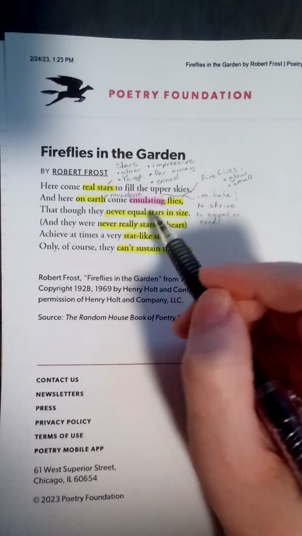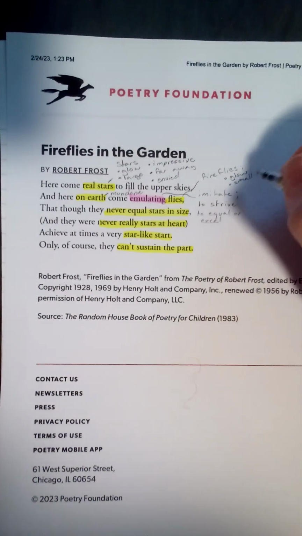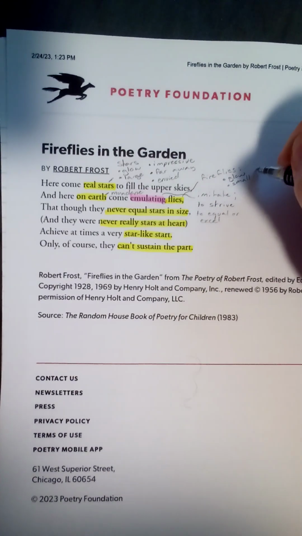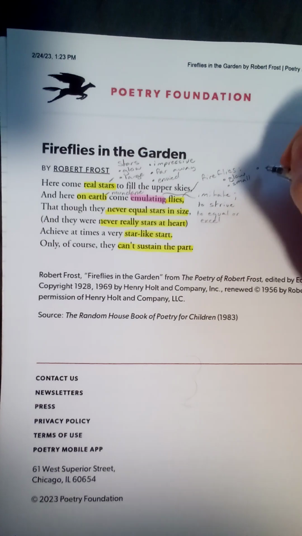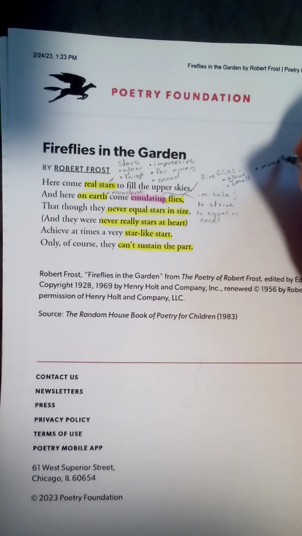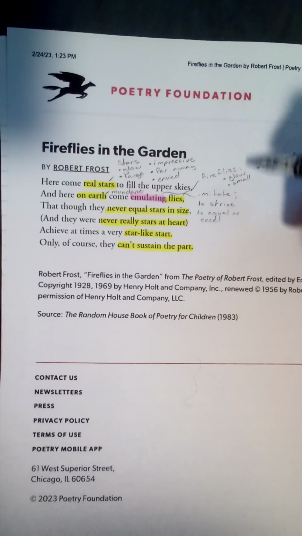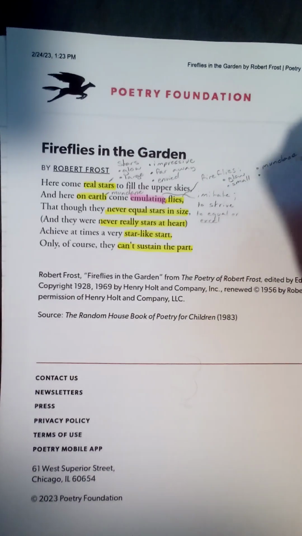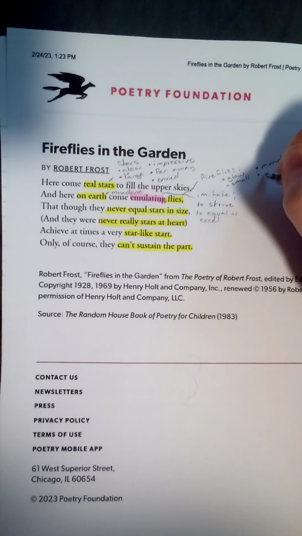Because the poem is comparing the two. So they can glow, but they're small. They're not very impressive. They're kind of mundane. There's a lot of them on Earth, and we see them a lot. They're not far away. They're here. They're kind of everywhere.